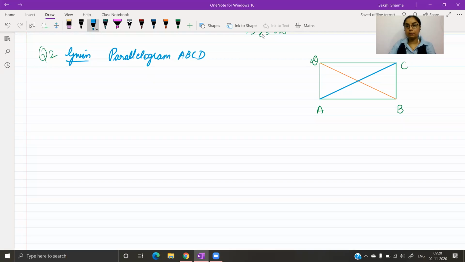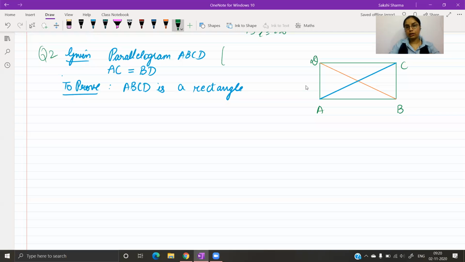All the properties that the parallelogram has can be used now. एक बार उन्होंने बोल दिया कि ABCD क्वाड्रिलेटरल है, तो हमें ABCD पैरेललोग्राम है, तो हमें जितना कुछ पता है पैरेललोग्राम के बारे में हम यहाँ पे यूज कर सकते हैं। Along with that, there is something special that the diagonal AC is equal to BD. And we want to prove that ABCD is a rectangle.